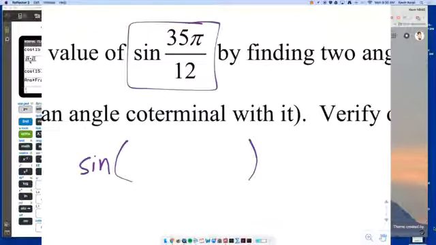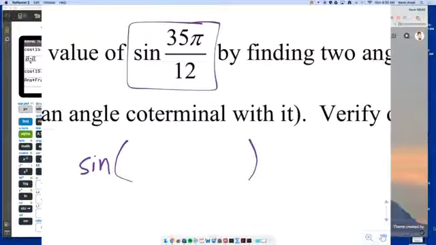So as long as the angle you're using is coterminal with one from the unit circle, you're in good shape. But if you want to keep it within one rotation, remember 2 pi is the same as 24 pi 12ths. So if you can choose two numbers that are between 0 and 24, you won't have to worry about coterminal angles. In other words, 33 and 2 would work, but 33 pi 12 is outside of one rotation.